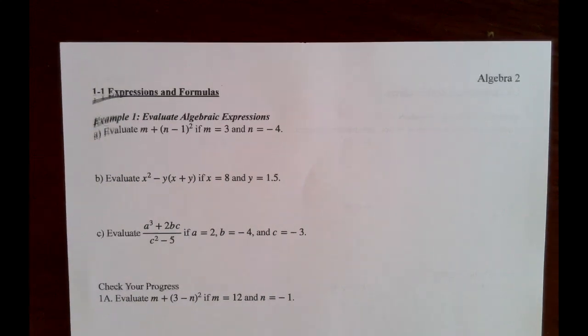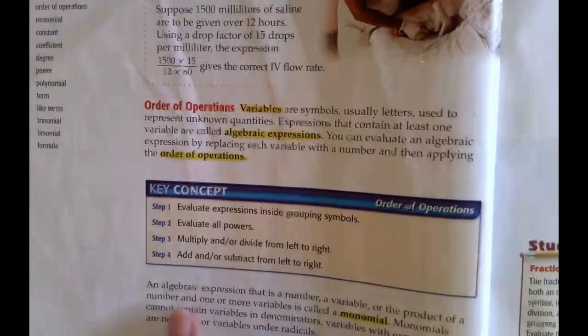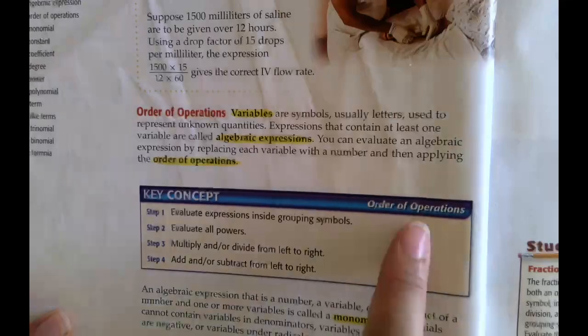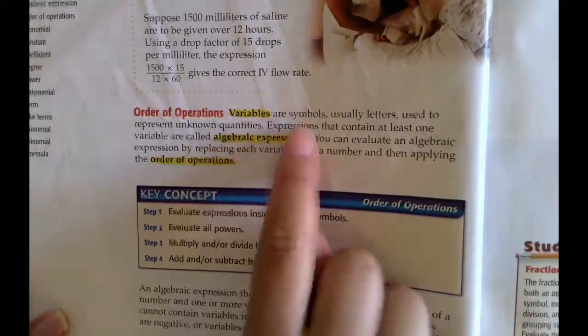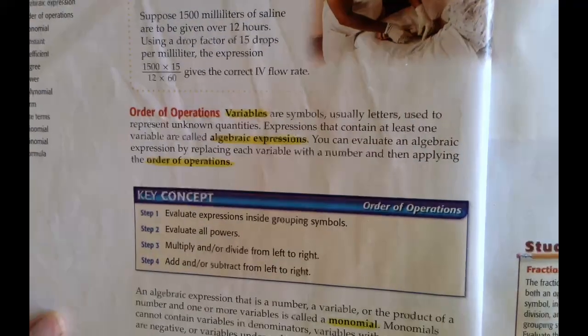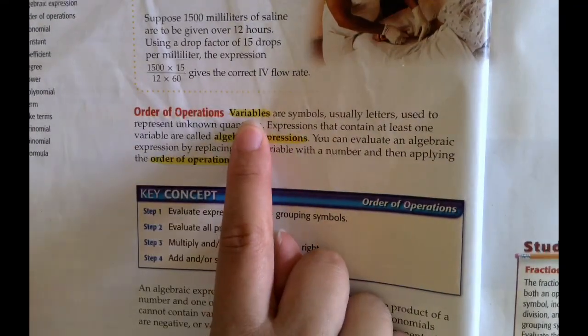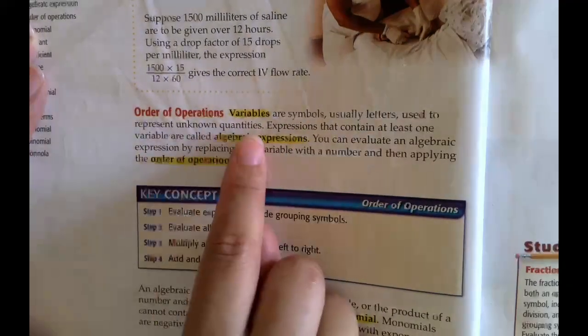So we're starting off with 1-1, which is expressions and formulas. I'm not going to go over the vocab here, but as you can see, you'll have your vocab words highlighted in yellow often or in a box, and then you'll write down the definition as well as the page numbers. For example, the first vocab word is variables, and the definition is that they are symbols, usually letters, used to represent unknown quantities.